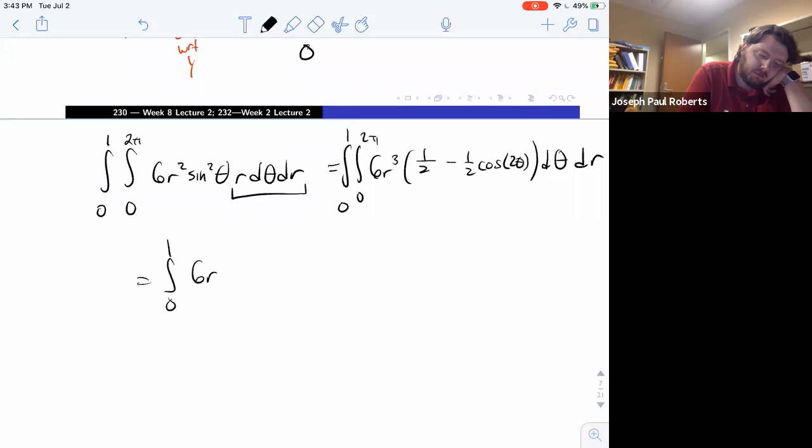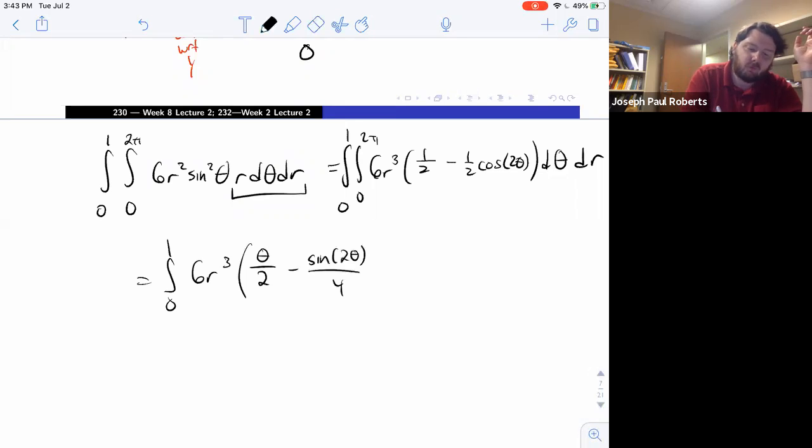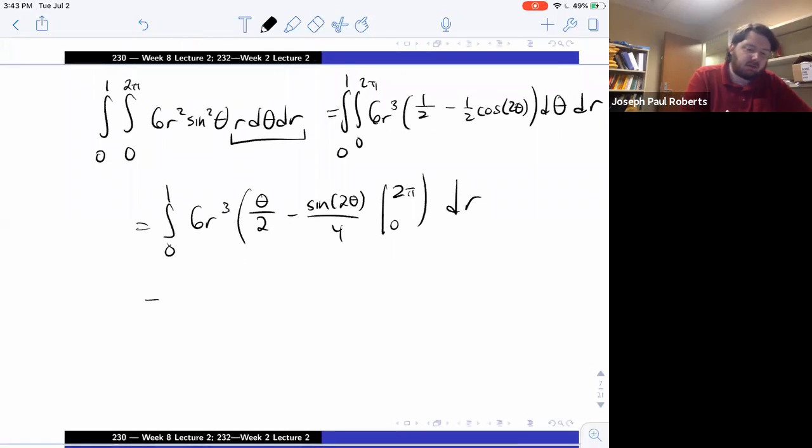So 6r cubed, and then this ends up being pi, because sine of 4 pi and sine of 2 pi, oh, I'm getting ahead of myself. So anyway, the theta antiderivative is theta over 2 minus sine of 2 theta over 4. When I plug in 0 and 2 pi, I'm just going to get left with pi.